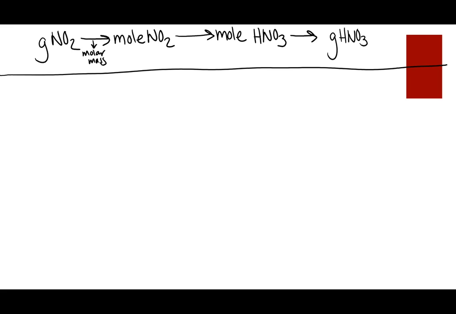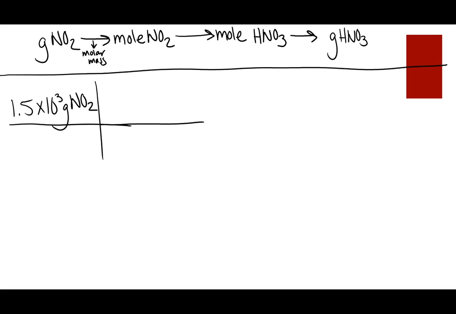So series of unit conversions. The very first thing I'm going to do is write down the information that was given. So it tells me that 1.5 times 10 to the third grams of NO2 is present. So train track, let the units guide you. So the unit grams of NO2 goes on the bottom. So that can cancel. Our initial destination is moles of NO2 on the top.